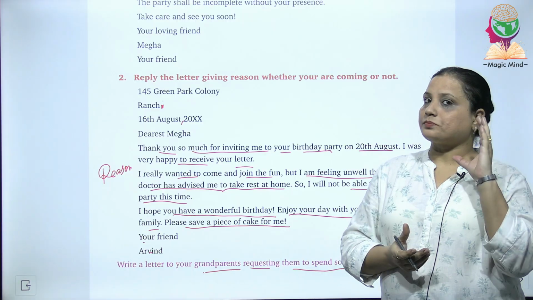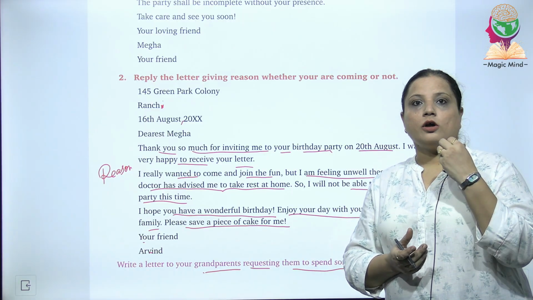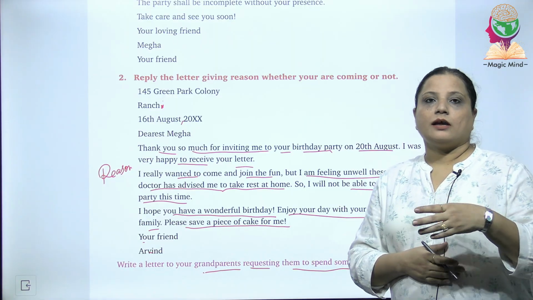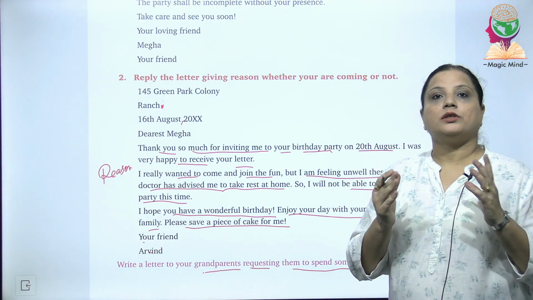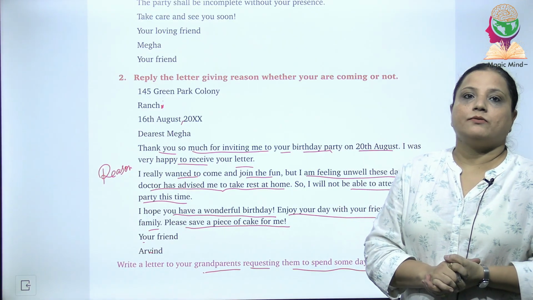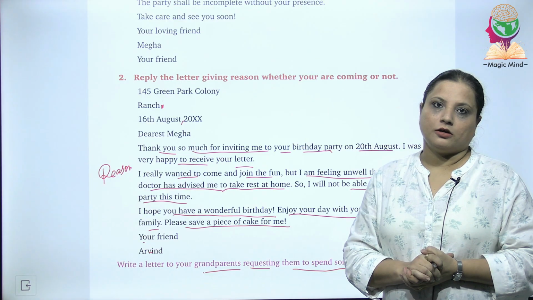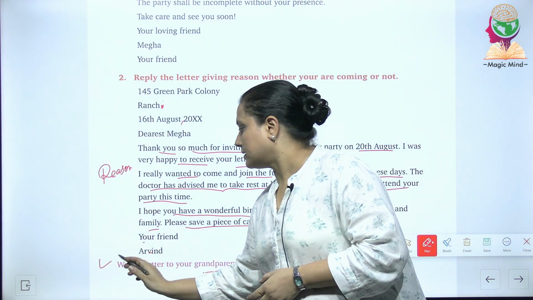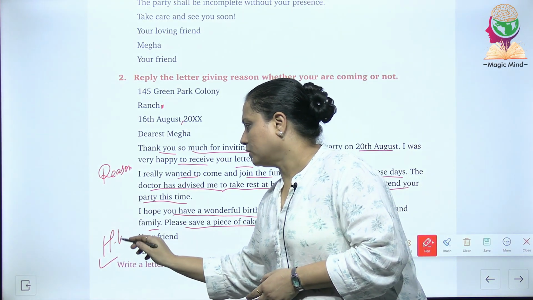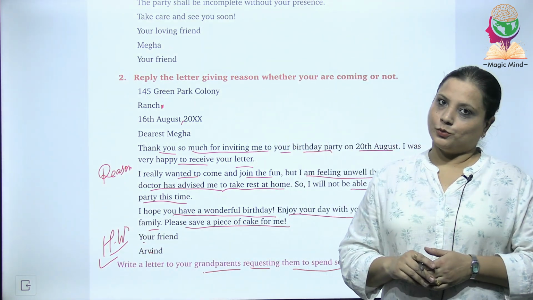Whatever thoughts or ideas you have about how to spend the days with your grandparents, you can also mention in the letter. So this letter is your homework. You will do it on your own.